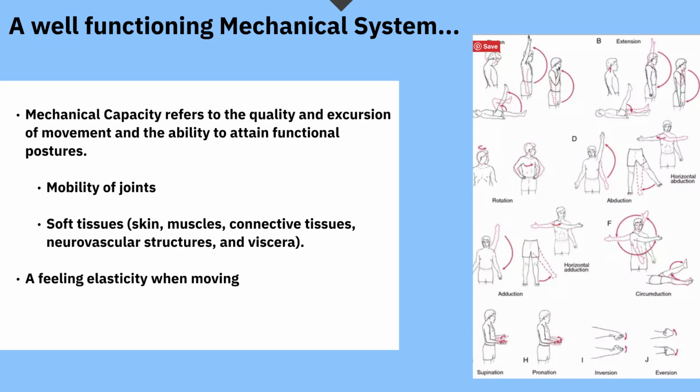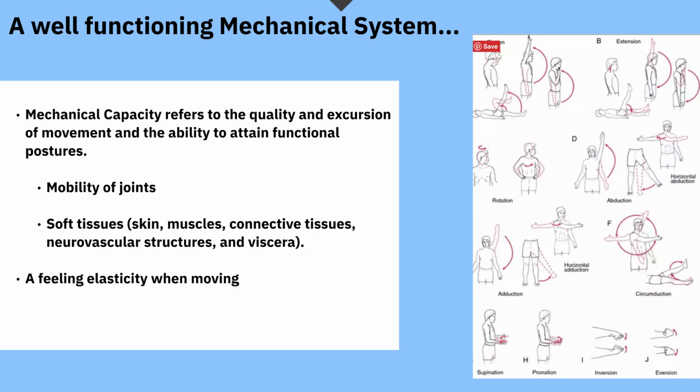So if we think about our mechanical system, what I mean by mechanics is how well is our body moving, how well do our joints move, our soft tissues move. The definition on the left just describes a quality and excursion of movement, so that we can move through all of the positions and motions that we are asking our body to perform, whether it be for activities of daily living or the activities that we choose for recreation.